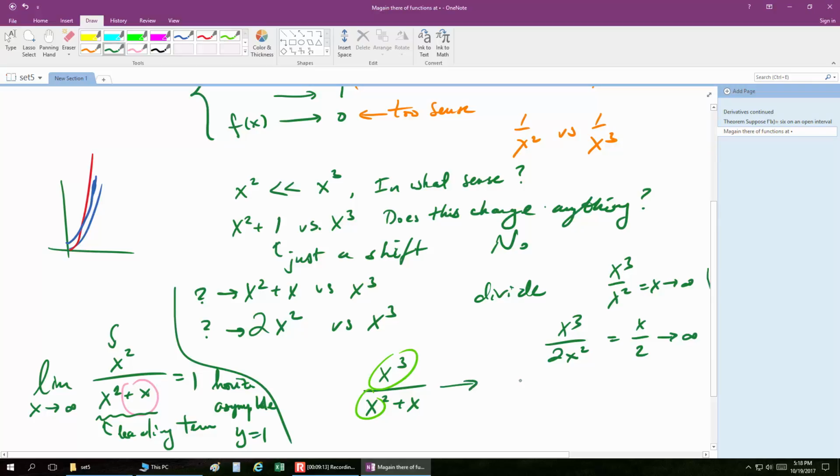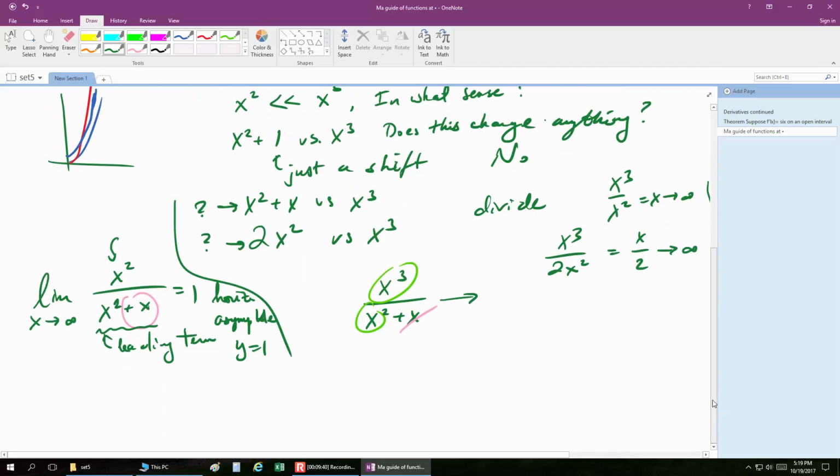But so what's the limit? No, x cubed over x squared. Throw out this. What's left? Well, you can do it either literally, or there was a trick.